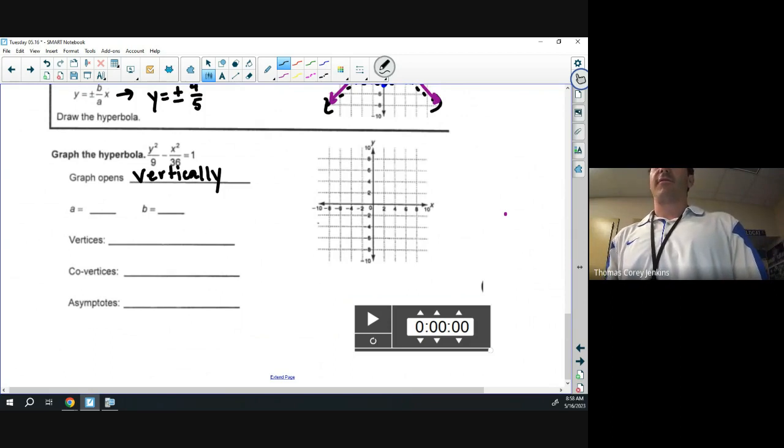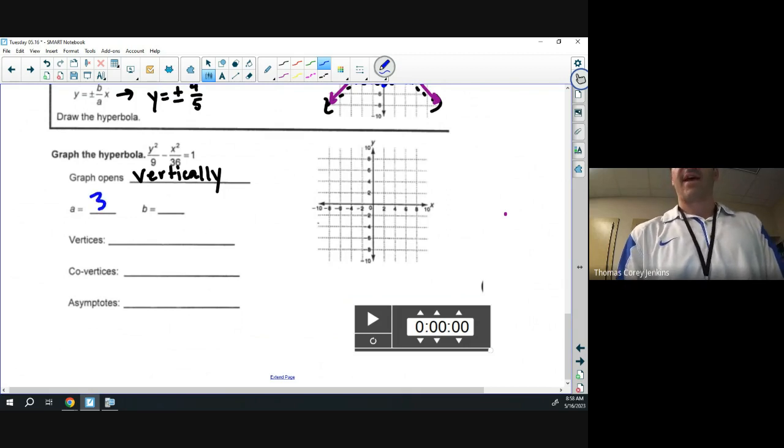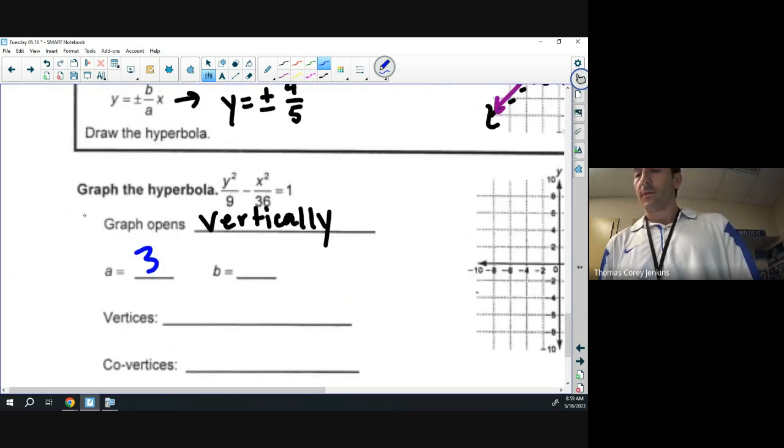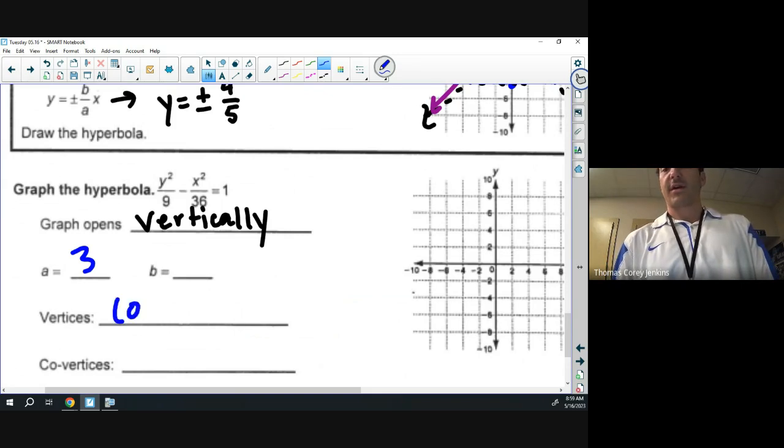It does open vertically because y comes first, okay? So a, again, is going to be 3, not 6. If you were thinking about yesterday, you might have said it was 6, which is not a bad thought because that's how it was yesterday. So my vertices then are at, that's going to be a y coordinate, so 0, comma, plus or minus 3.